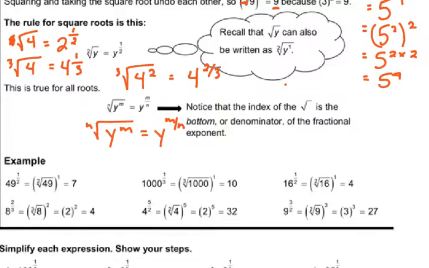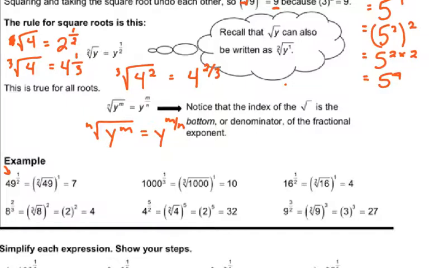So for example, we have a couple of examples down here. 49 to the 1/2 power is going to be the same as the square root of 49. Well, what is the square root of 49? That's 7. So that can be simplified. Okay, what about 1,000 to the 1/3 power? That's going to be the cube root of 1,000 to the 1st power.